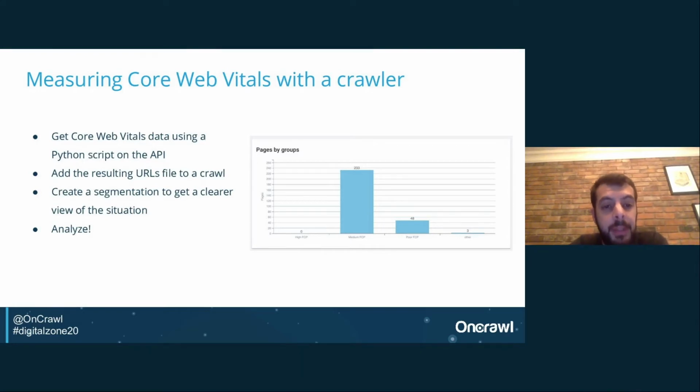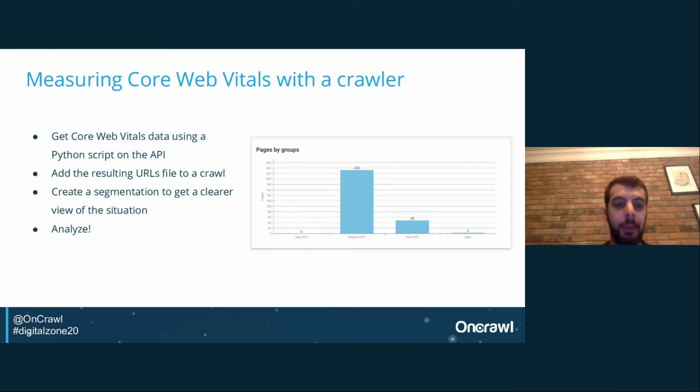Then, because I'm representing a crawler, my clients wanted to have a technique to be able to measure Core Web Vitals with a crawler. We are still testing that technique, but I did an effective test for that presentation, so I will show you the demo.